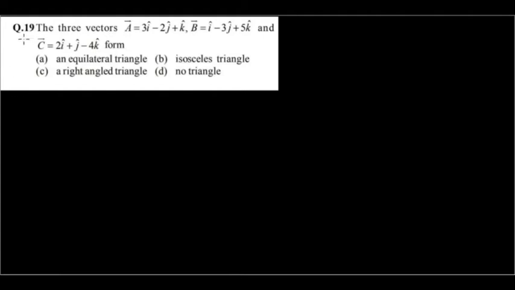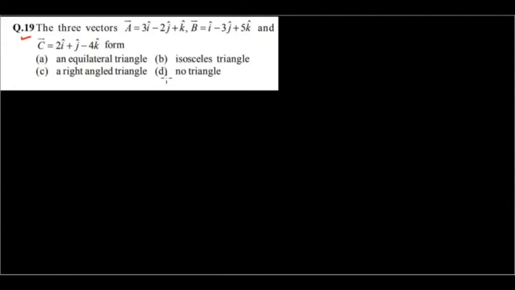The question is, the three vectors A equal to 3i cap minus 2j cap plus k cap, B vector equal to i cap minus 3j cap plus 5k cap, and C vector equal to 2i cap plus j cap minus 4k cap, form which type of triangle? Equilateral triangle, or isosceles triangle, or right angle triangle, or no triangle?